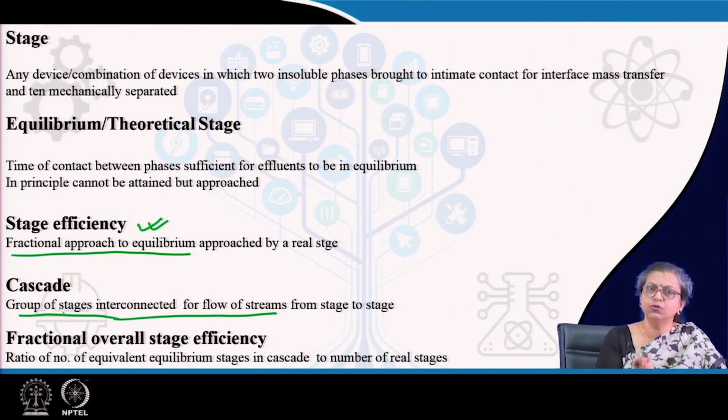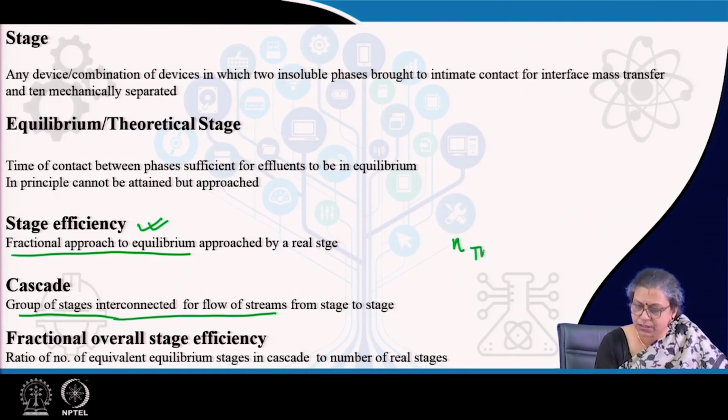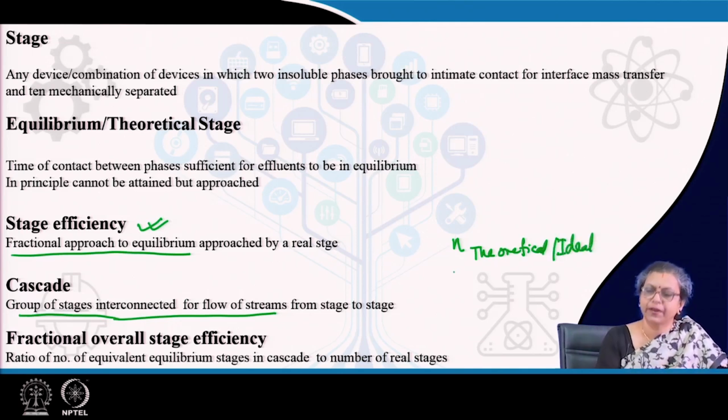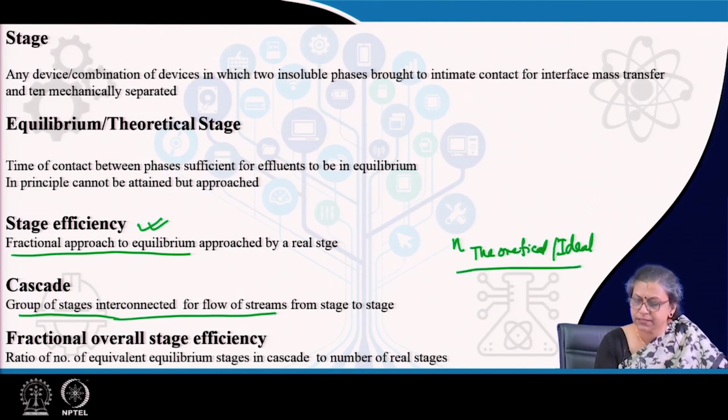So, we find out the number of theoretical stages that are required to bring about some particular separation, denoted by n theoretical or n ideal stages. We know that definitely we will require more stages than the ideal stages.